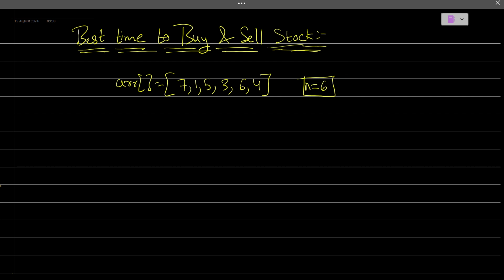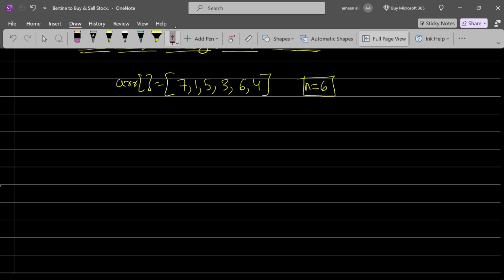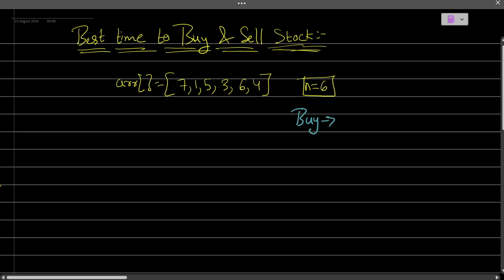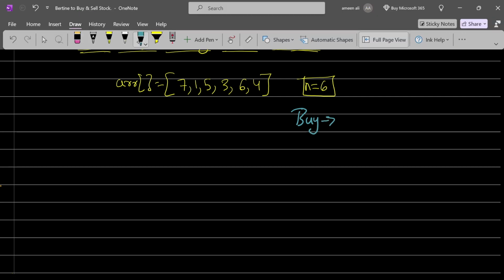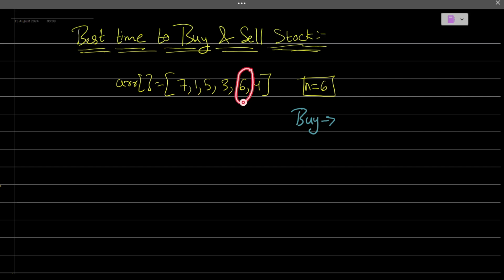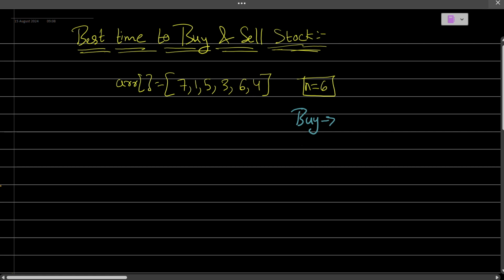Okay. So what we need to do here is, suppose I was buying the stock at this day and I'm going to sell it on this day, then my profit will be 5.